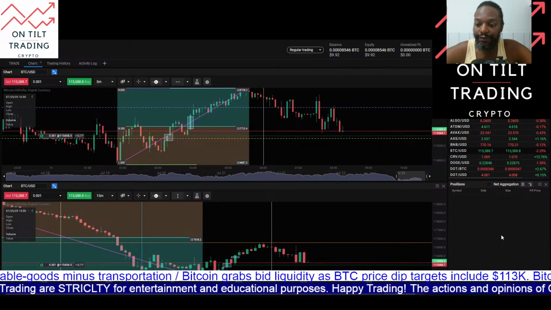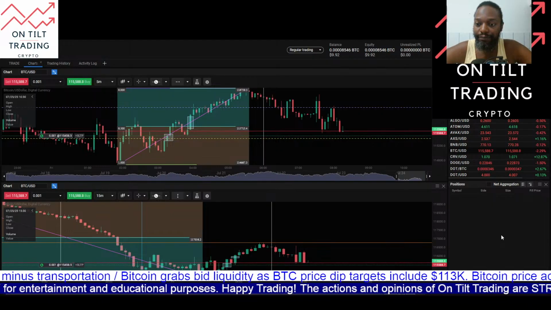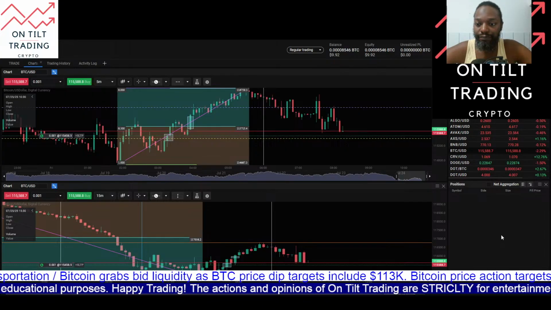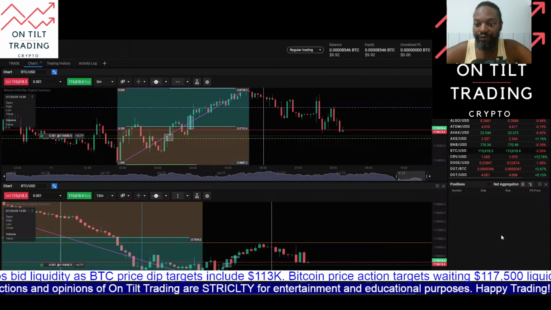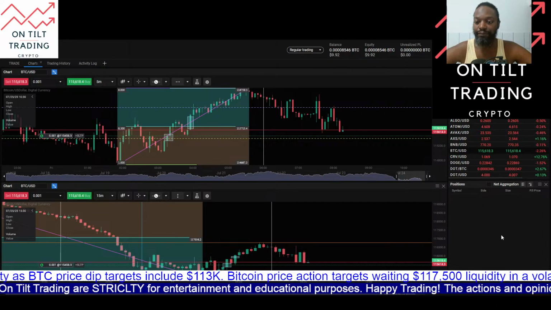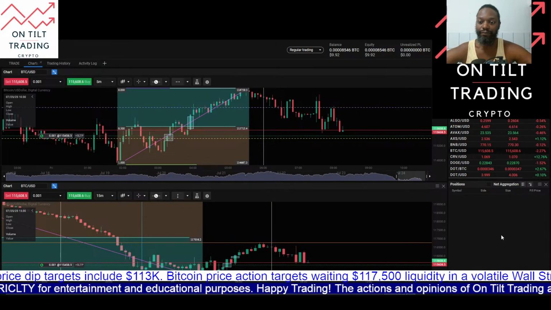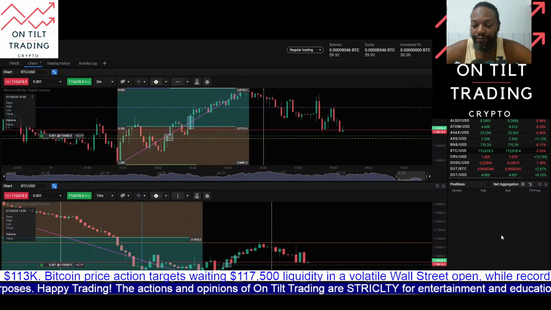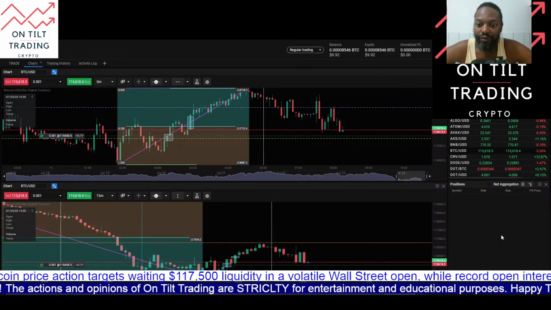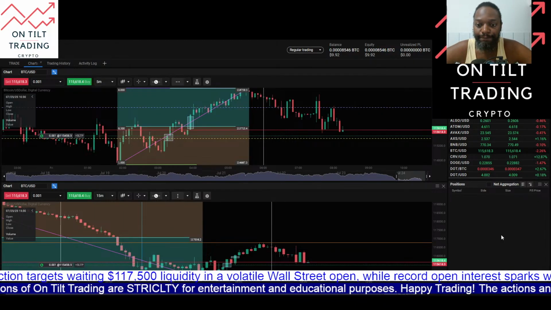Price consolidating. 115,620. 115,600. 115,620. Price still consolidating here.